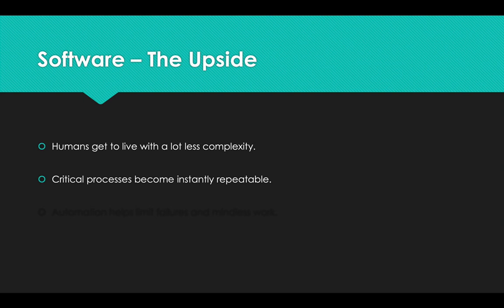And one of the things that goes a little bit unrecognized is that we're able to do hypercritical things very repeatably. So things like fail safes in power plants, things like fail safes on missile defense systems.